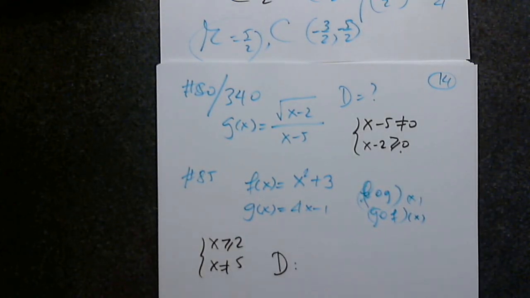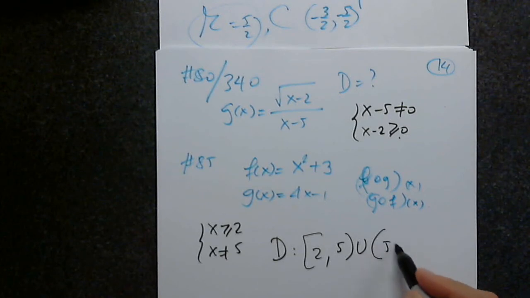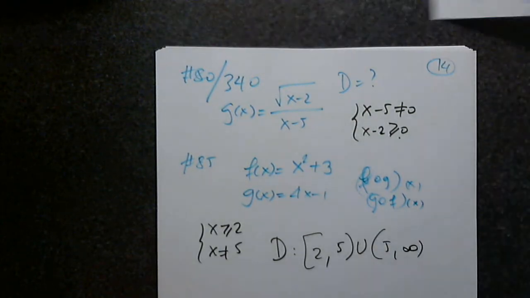So now what is the domain? Greater than or equal to 2, excluding 5. Parentheses. Yes? 2. You mean bracket 2? Bracket 2. Yes? Parentheses 5. Good. Union. Very good. Great job.